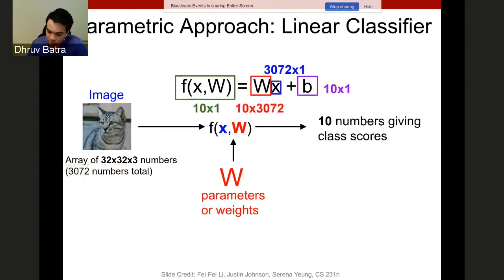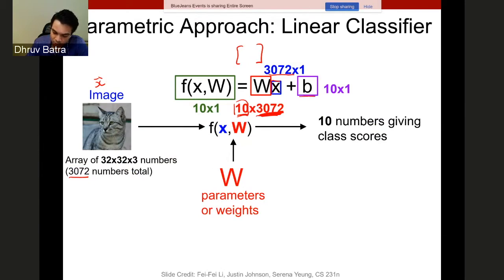Let's do some quick dimension and size analysis. X, which is our image, has 3072 dimensionality, since there's 32 by 32 by RGB, 3 channels. So X is 3072 by 1. W has size 10 by 3072, because it has to give you 10 scores, and it has to accept a vector on the right for multiplication of size 3072.